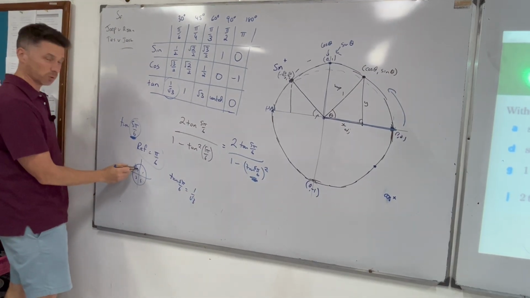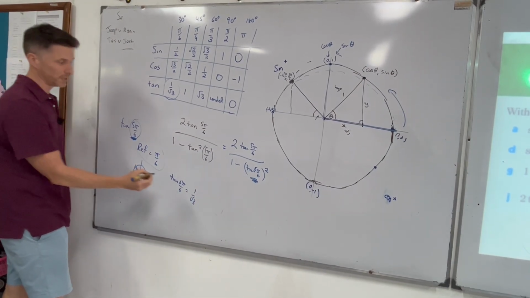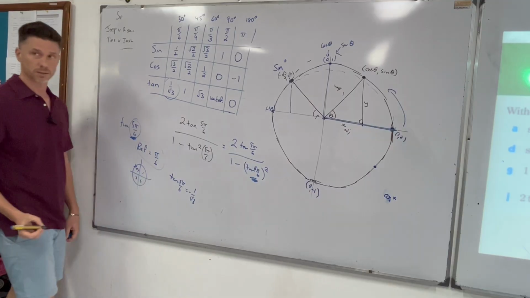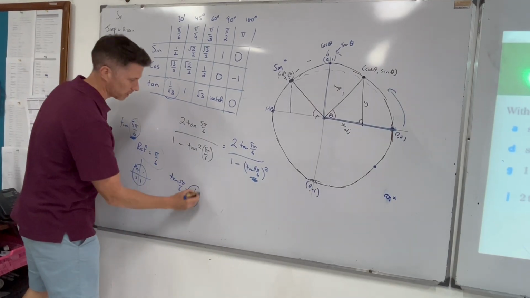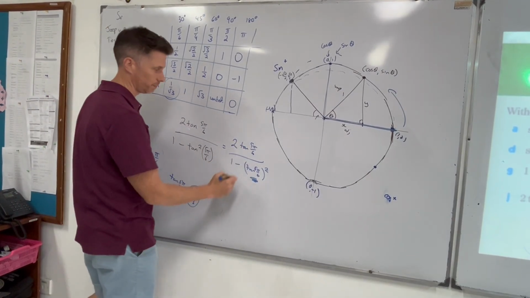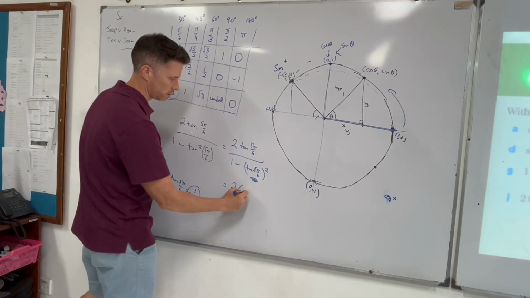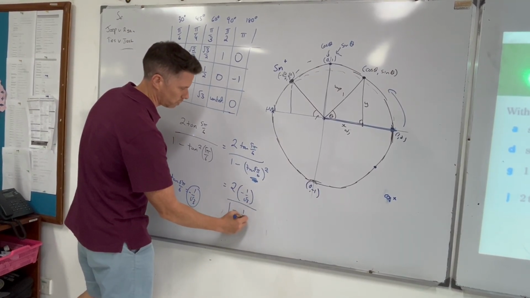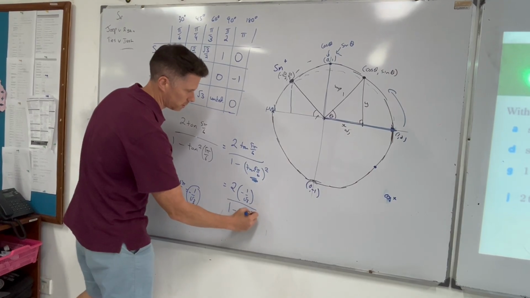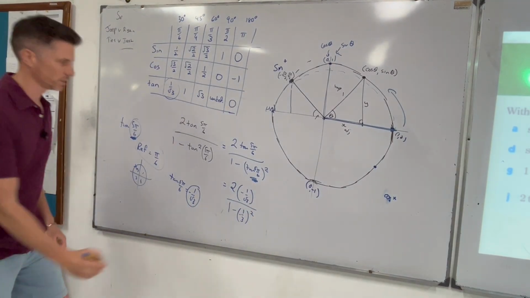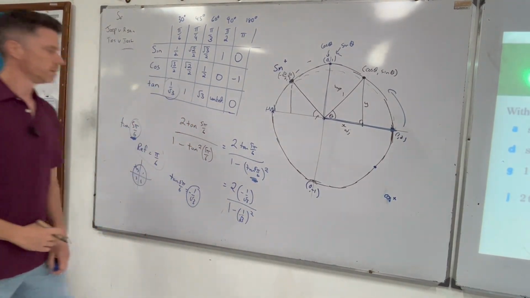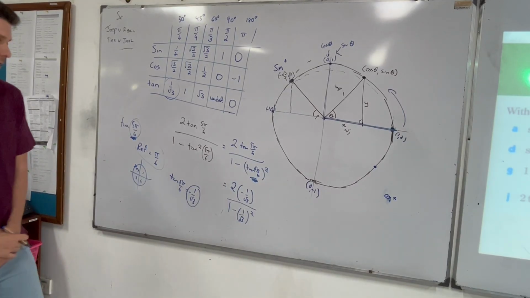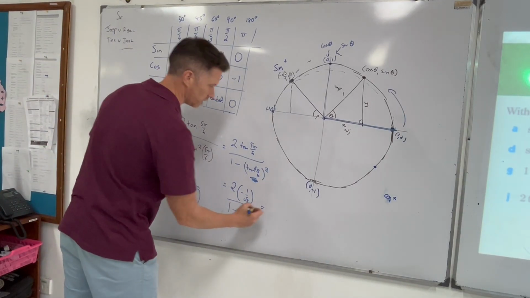It sits in this quadrant though, so its value will be negative 1 over root 3. And this then can sub directly into here. And 1 minus negative 1 over root 3 squared. And now I can just work out its numeric value pretty quickly. It mightn't be that nice, but we'll do it anyway.